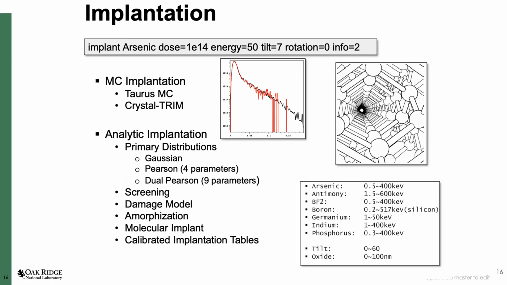These are ways to describe an implant as a function of depth. They also have analytical models that can do that in 2D and in 3D. And then all kinds of things like screening. If you, for example, apply a little layer of something on top of your silicon to slow down the ions to obtain a certain difference in profile, this is handled by the tools.